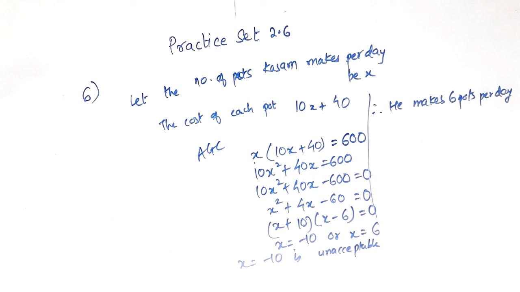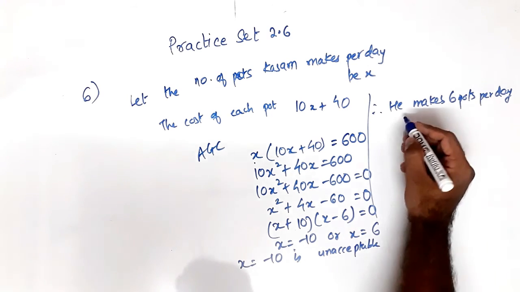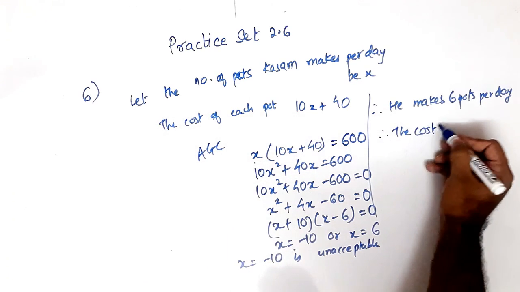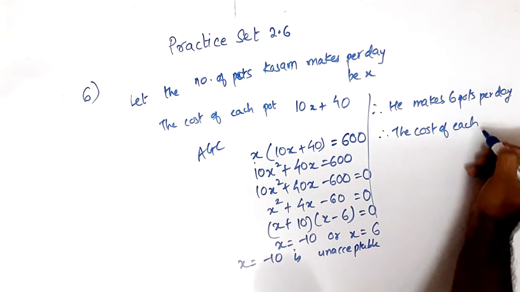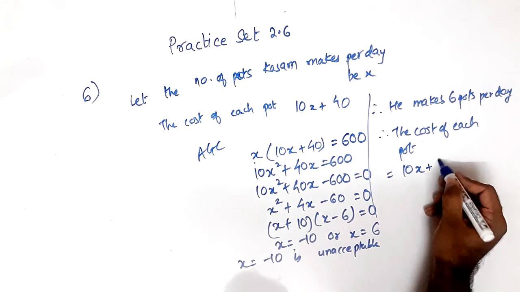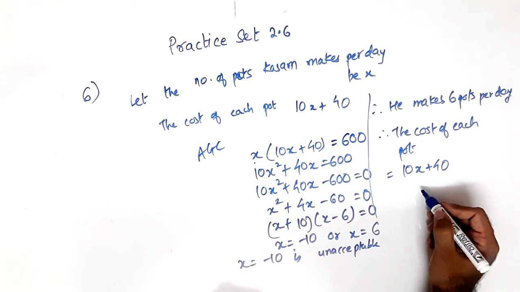But what they have asked is the cost of each earthen pot. So the cost of each pot is equal to 10x plus 40. Yes or no?